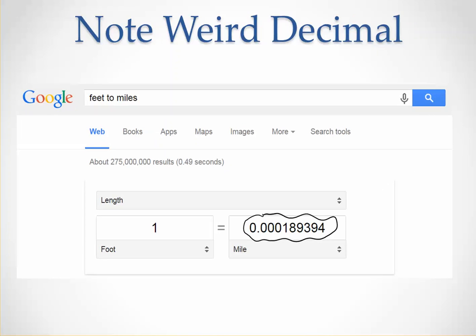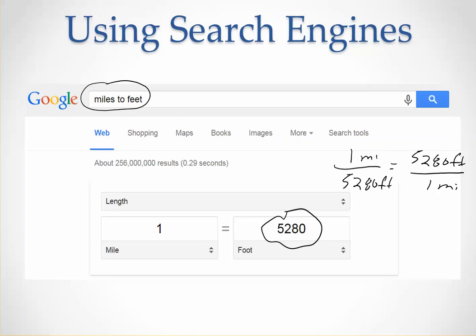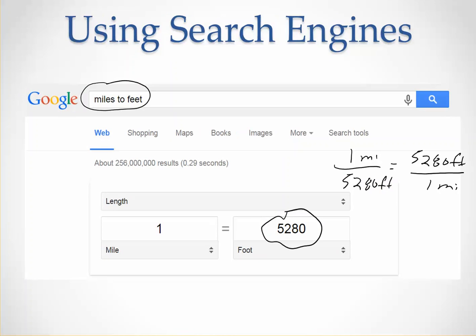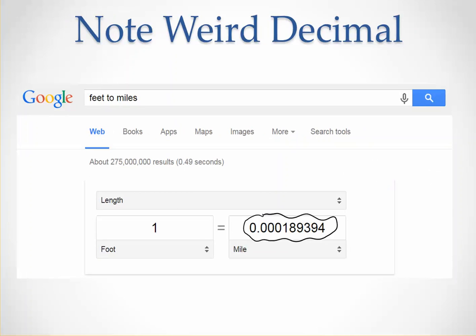Nothing wrong with that decimal, it just makes it a little difficult to work with in dimensional analysis. So a lot of times what I recommend people do is swap the units. Even though you may be going from feet to miles, there's nothing saying we can't go miles to feet and use the same conversion. So try to avoid, when possible, these odd looking decimal places.